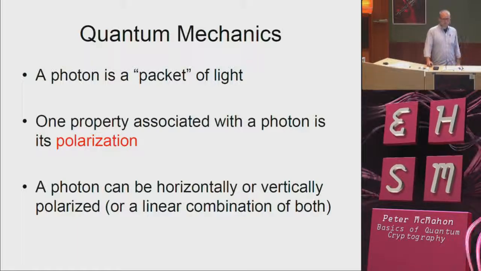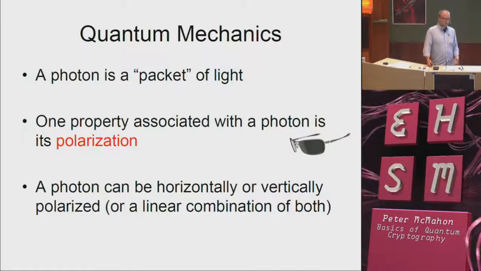Of course, it can also be circularly polarized or elliptically polarized, but I'll discuss things in terms of this horizontal or vertical polarization for most of the time. If you haven't seen polarization formally before, you might have come across it, for example, in sunglasses. Light that's reflected often has some polarization, so if you use polarized glasses, you can block out reflections from sunlight off water.